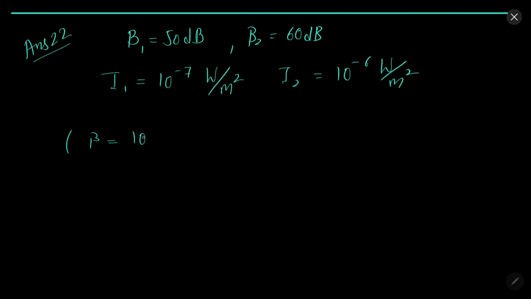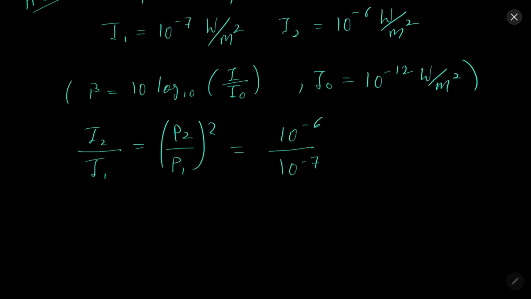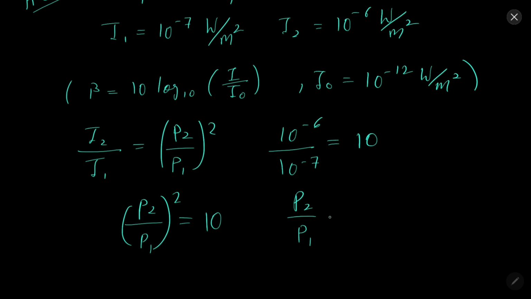This can be obtained by this formula, okay? Where I0 is given to us. So I2 by I1 equals P2 by P1 square, 10 to the power minus 6 over 10 to the power minus 7 equal to 10. So P2 by P1 equal to root 10.